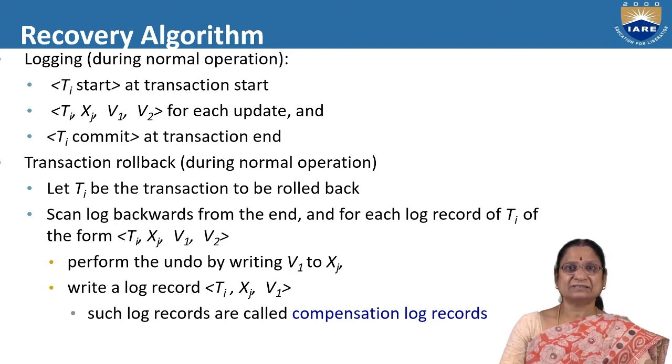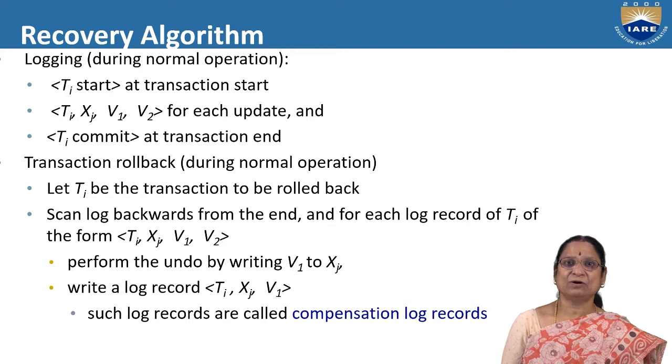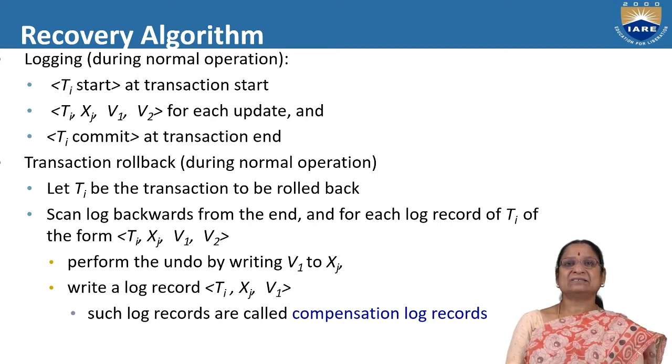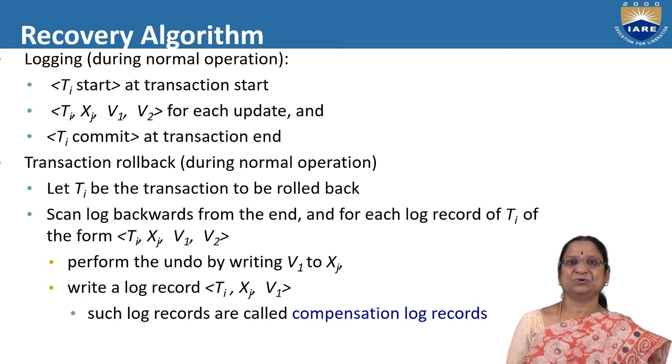Two atomic processes are used, the redo operation and the undo operation. By using these two operations, the transactions which are already completed and committed are going to be redone. The transactions which are under processing, still not yet completed, the partially executed transactions, are going to be undone.